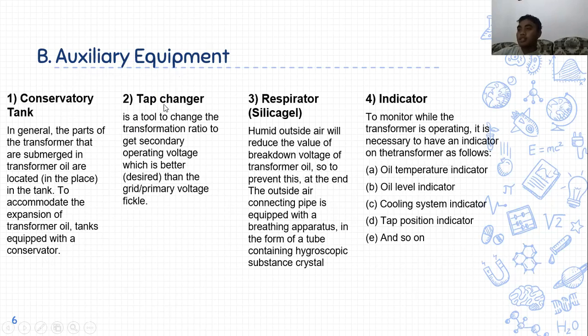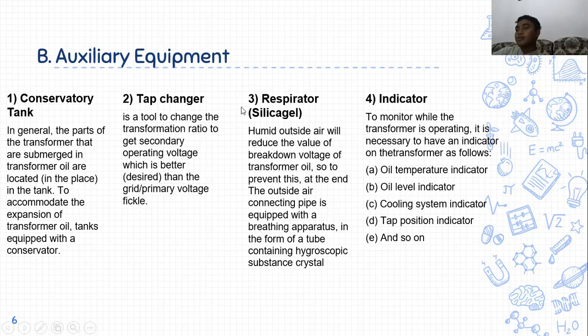Number two is the tap changer. It is used to change the transformation ratio to get the desired secondary operating voltage, regardless of the grid or primary voltage.